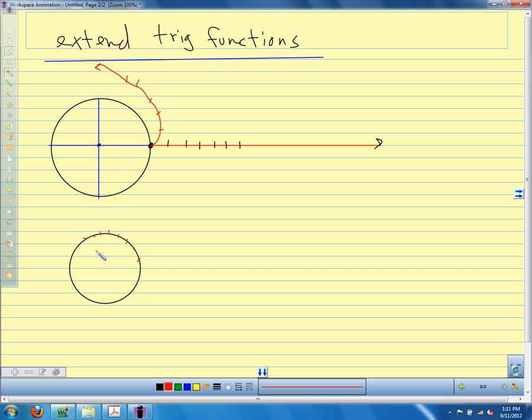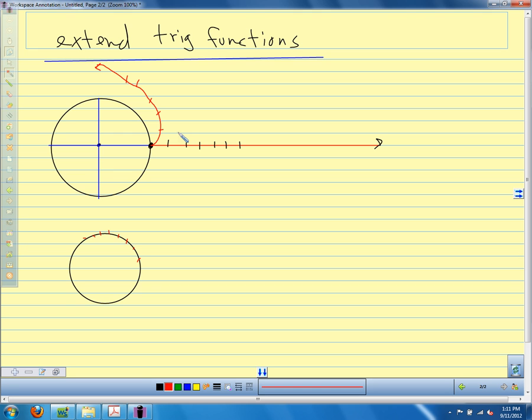Now what this lets us do is think of the sine and the cosine of any real number, because I just wrap this line around the circle. When I get all the way around once, I just start over again. So every point is going to be touching at some point. We're imagining our number line isn't thick, so it doesn't wind up bigger and bigger.